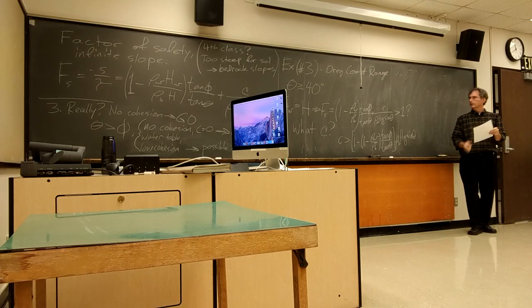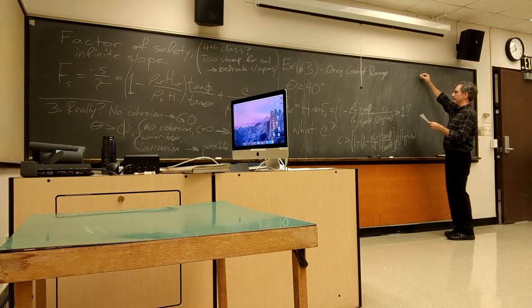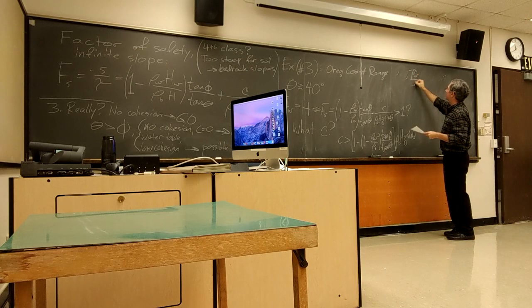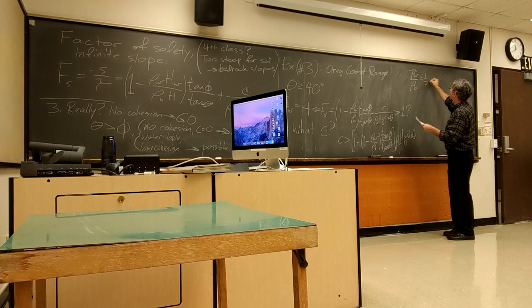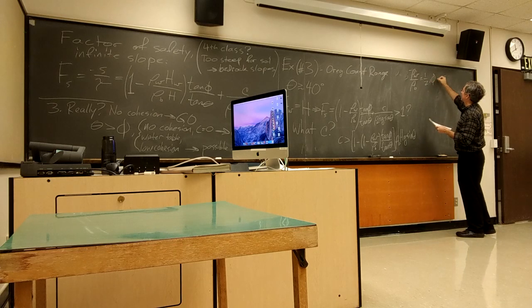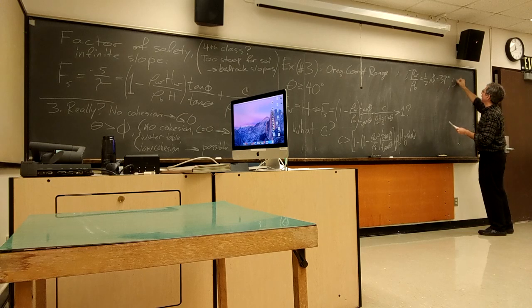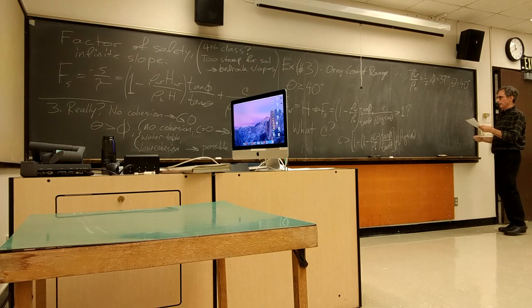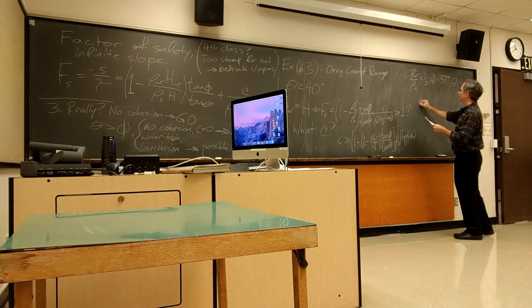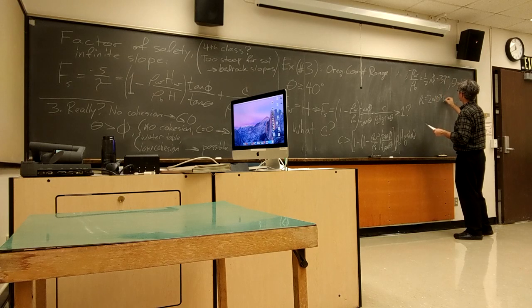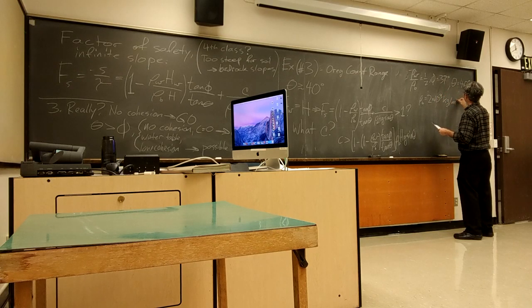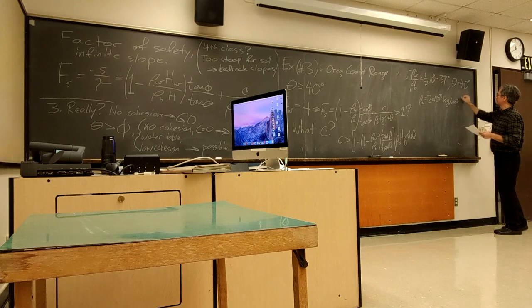Okay. If I go through the example, let's just say rho W over rho B is 1/2. Angle of repose, 37 degrees. Slope angle, 40 degrees. And my wet bulk density, 2,000 kilograms per cubic meter. And so let's just say soil depth equals 1 meter.